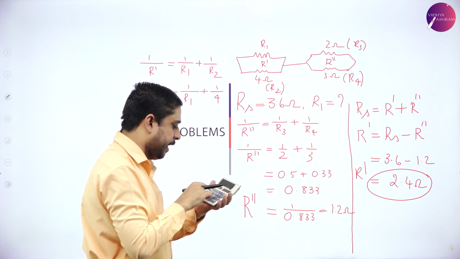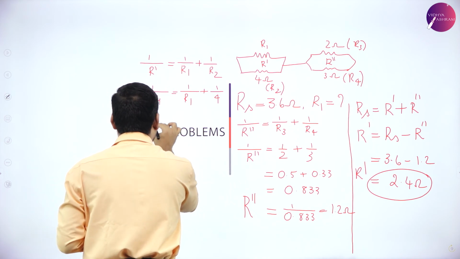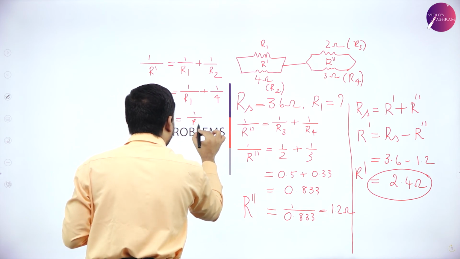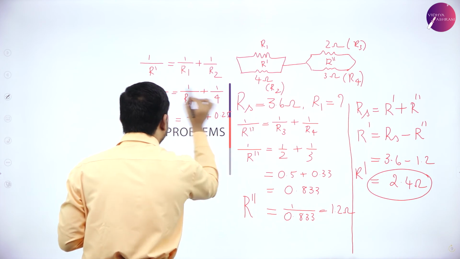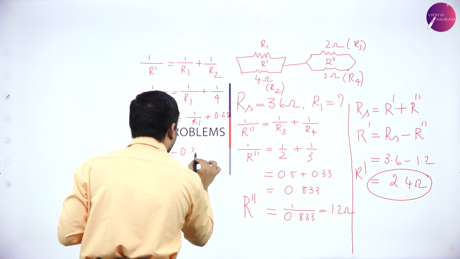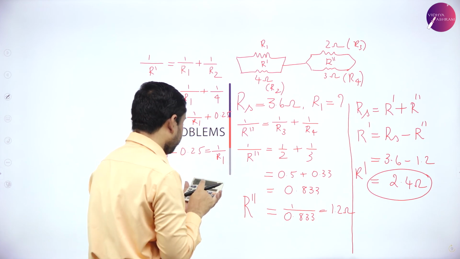So 1 divided by 2.4 is 0.41, equals 1 by R1 plus 0.25. Shift this: 0.41 minus 0.25 is 1 by R1.